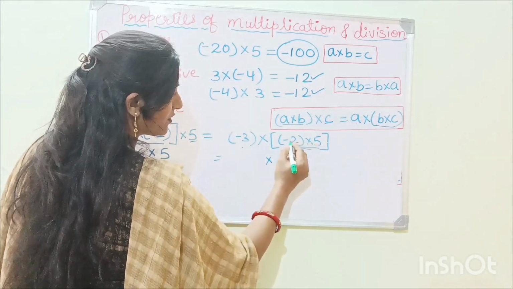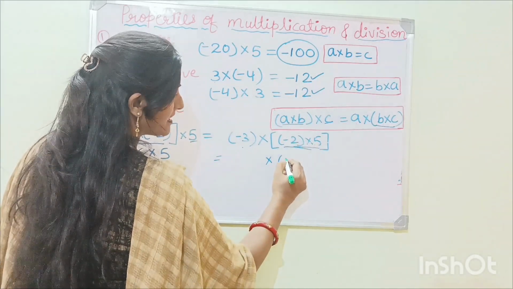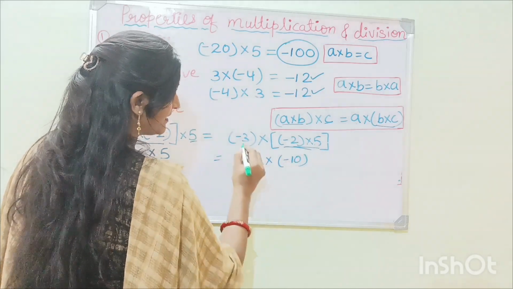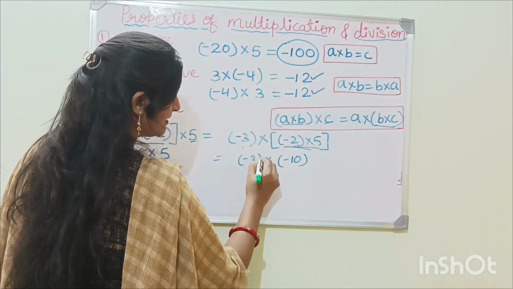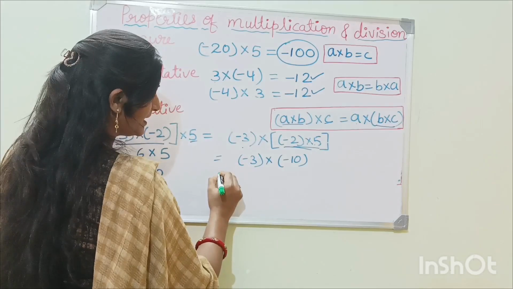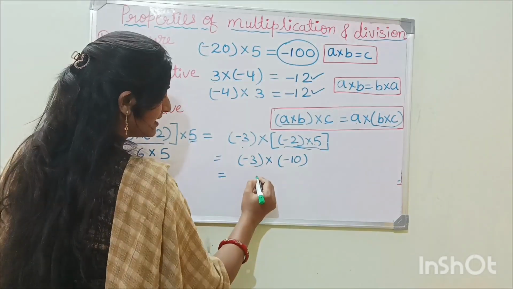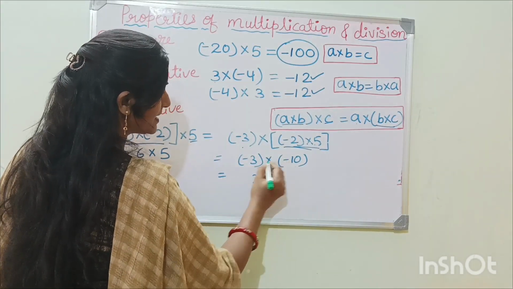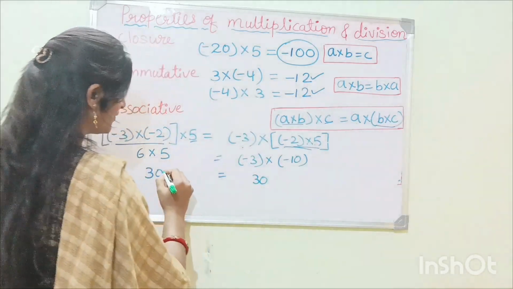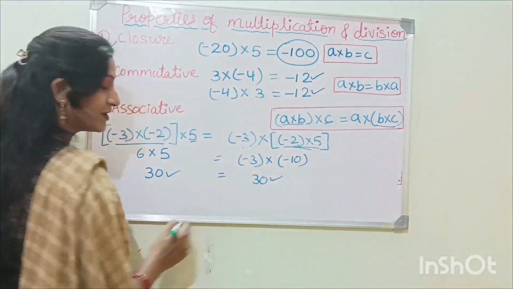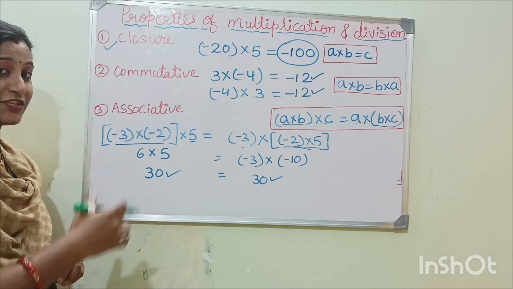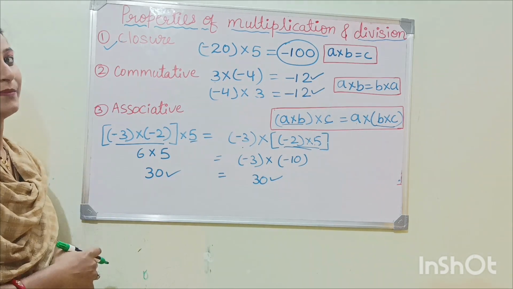So minus 10. Why? Because minus into plus is minus 10. Here minus 3 as it is. Now this product will be multiplied by minus 3. So 10 3s are 30. Minus into minus is plus. So both the answers are the same. So we can say the associative property is closed under multiplication.